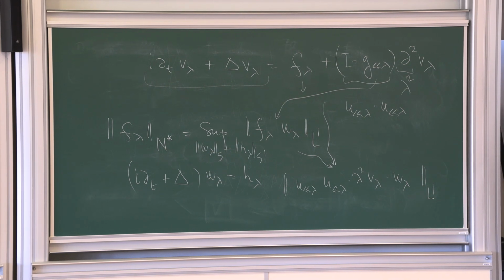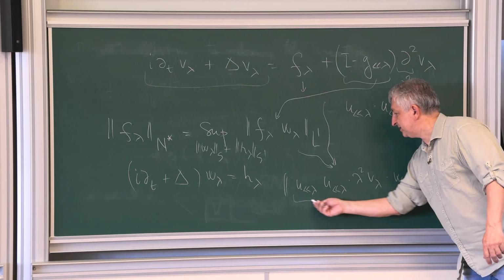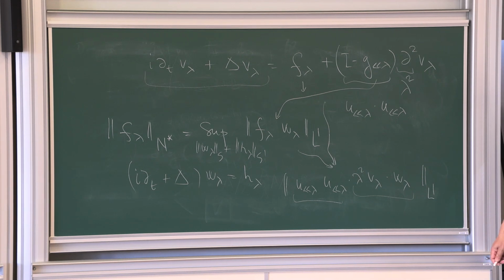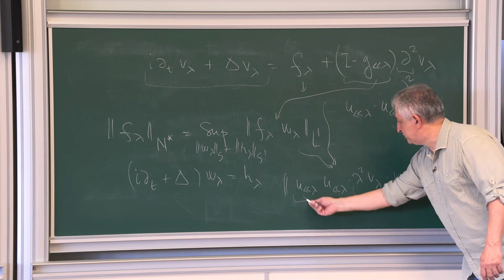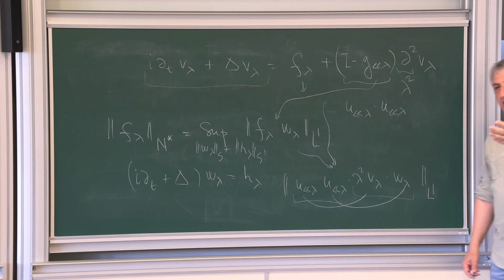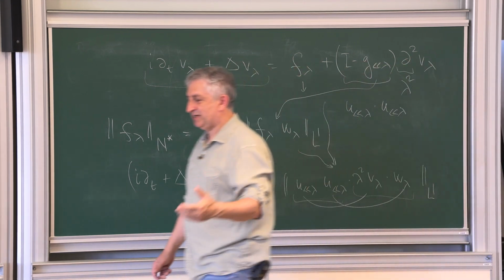All right, and so it's the same story as I was telling you before in one dimension. We have two low frequencies, two high frequencies. We pair them 2 and 2, two unbalanced interactions. For each of these two unbalanced interactions, we apply the bilinear estimate. And here, there's something I mentioned when I was telling you about interaction Morawetz and bilinear estimates.